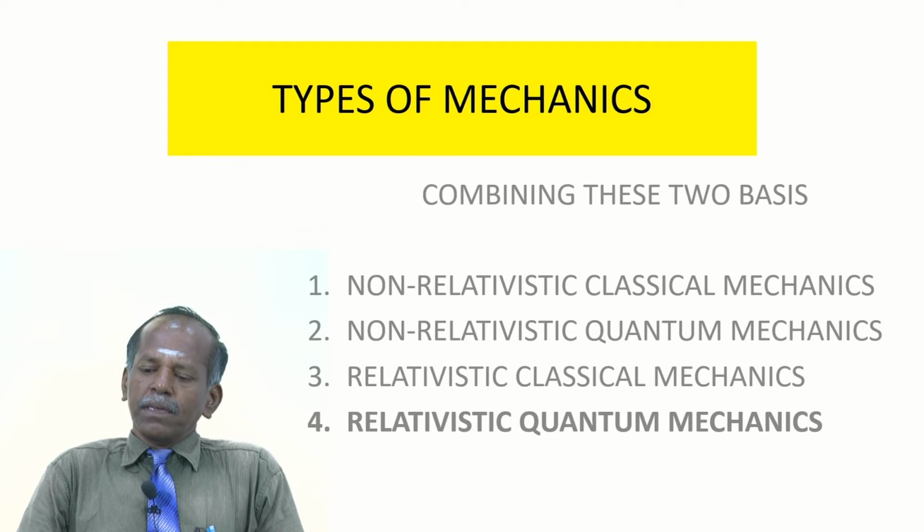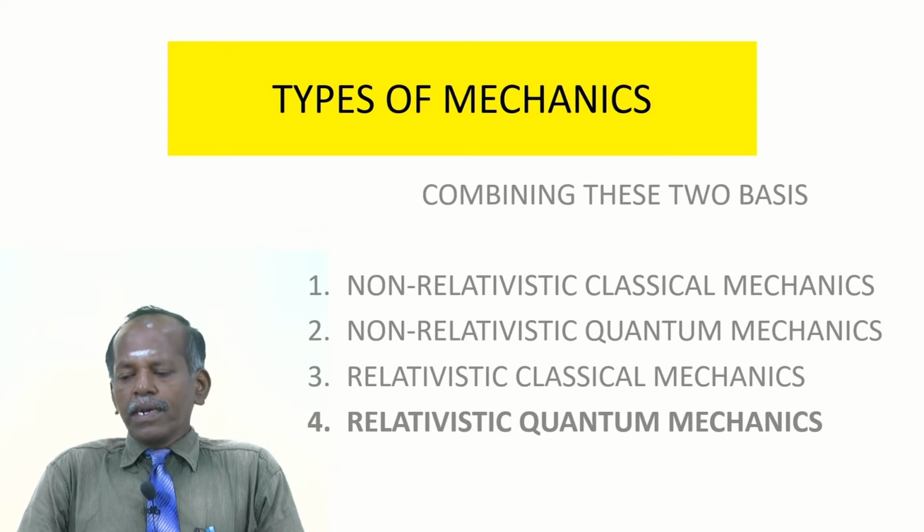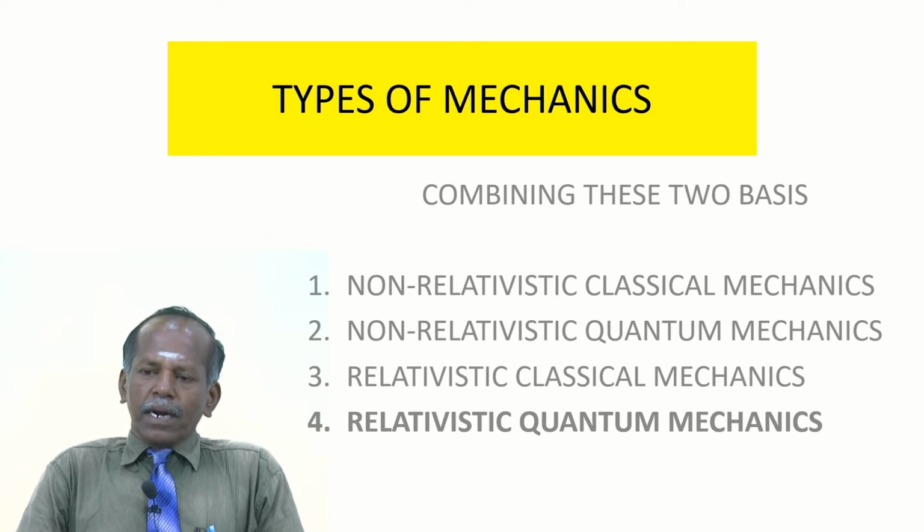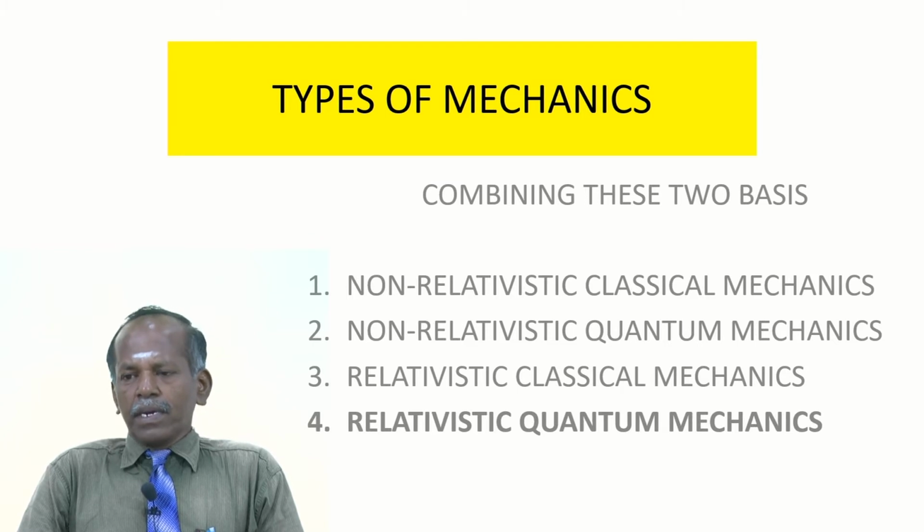Combining these two bases, we have totally four types of mechanics: non-relativistic classical mechanics, non-relativistic quantum mechanics, relativistic classical mechanics, relativistic quantum mechanics. The first one, non-relativistic classical mechanics, means slow moving bigger size particles.